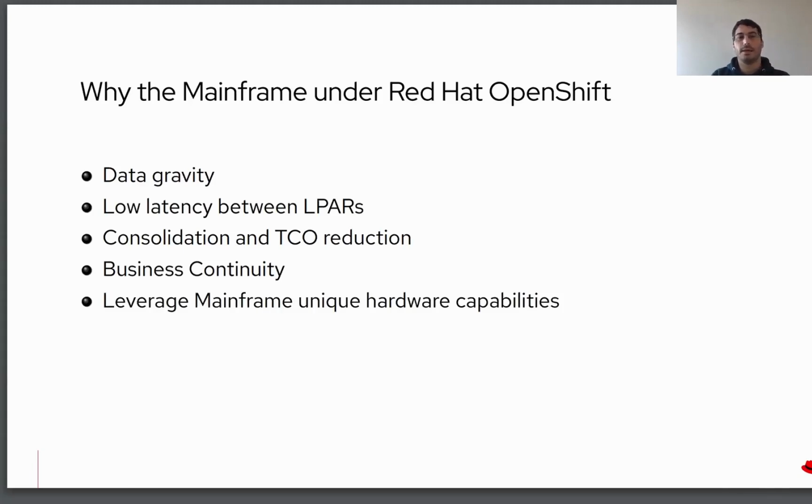So I'd like to have a very short discussion about HA and DR, so high availability and disaster recovery, on OpenShift and mainframe.